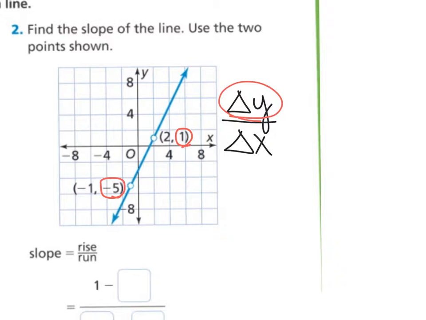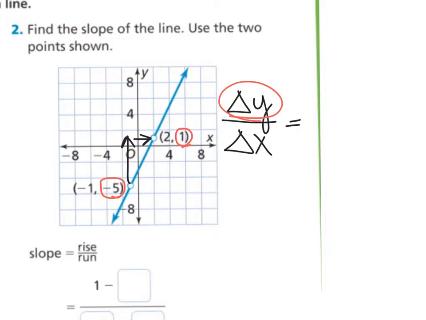So when we're doing these, I like to start with the point further to the left, which in this case is (-1, -5), and think about how do I get from there to the point (2, 1). So y values, we went from -5 to 1 in that case.